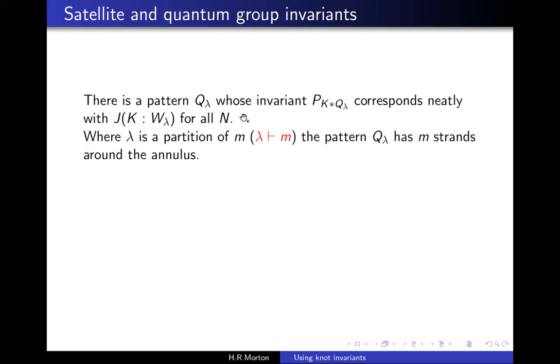One nice thing is that there is a pattern that sort of mimics what happens when you get the quantum invariant with W lambda, depending again on the same partition lambda. And a rather nice feature of it is that if lambda is a partition of M, the partition specialists write it that way, the pattern Q lambda can be realized with a pattern with M strands around the annulus, or maybe a linear combination of these.